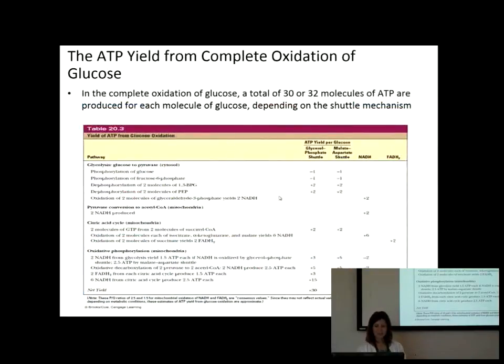I'd like to complete our story of our metabolism from glucose. We're done now talking about metabolism of glucose, so we're going to do sort of an accounting. What we have here, right from your textbook, is the different things that are going on.